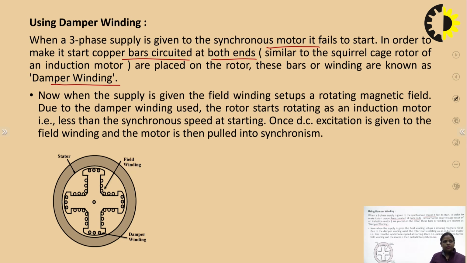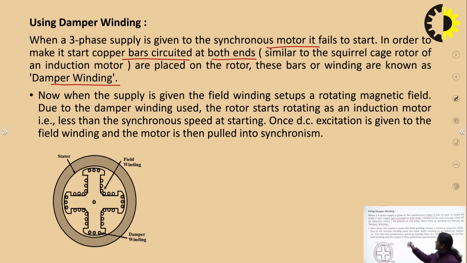So, basically we are starting this synchronous motor as a 3-phase squirrel cage motor, right. First we operate this machine as a 3-phase squirrel cage motor, and once the rotor gets locked with the stator, the magnetic locking is established, and the damper winding will automatically be out of the circuit.